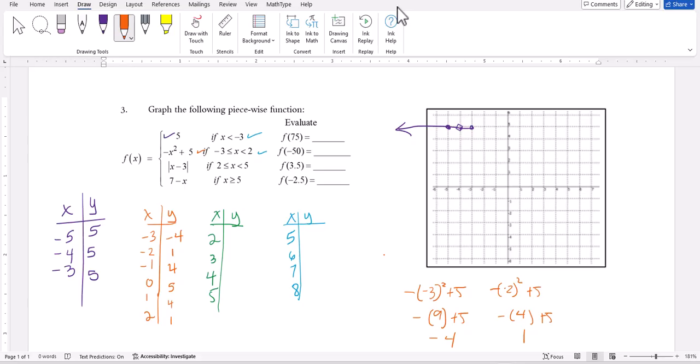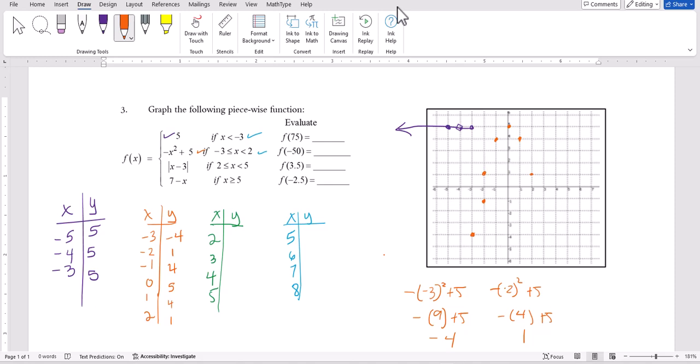And so what we're going to do is graph that portion. So when it's -3, it's going to go down to -4. Oh, sorry, -4. -3, -4 down here. -2, -1... 4, and 5, and 1, and 2, 1.